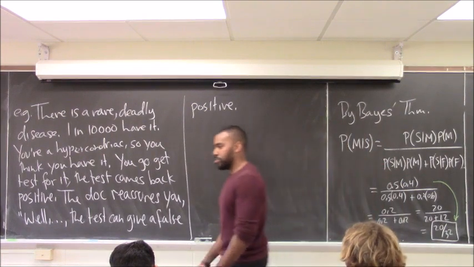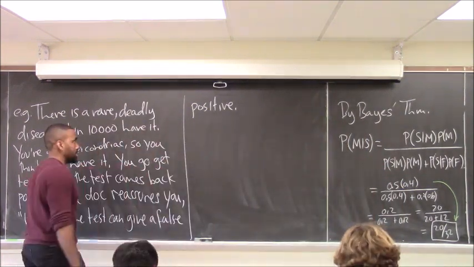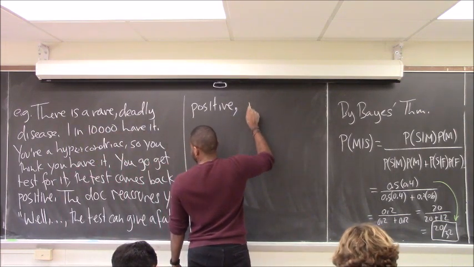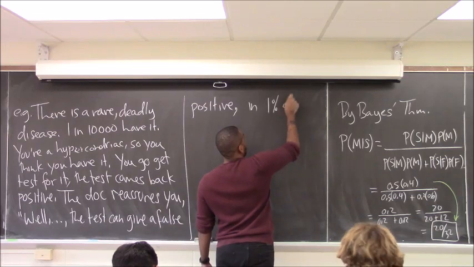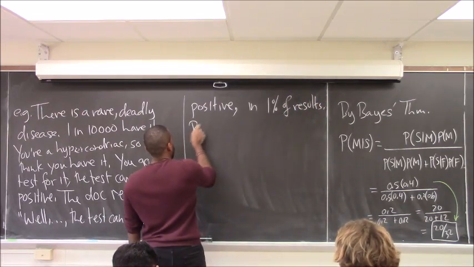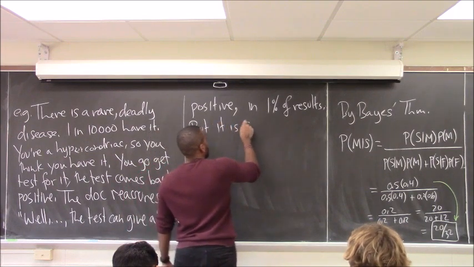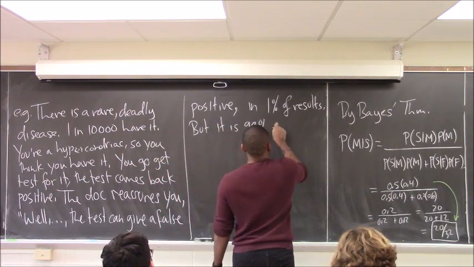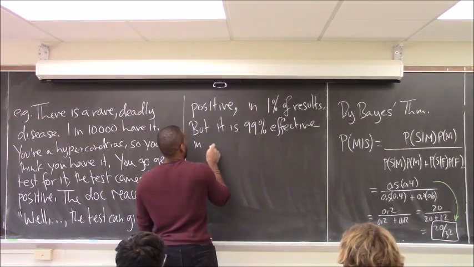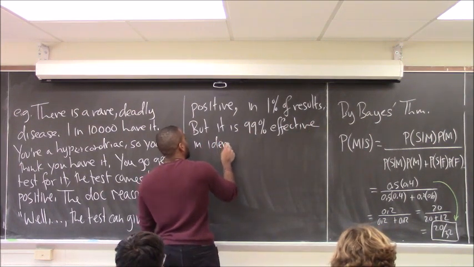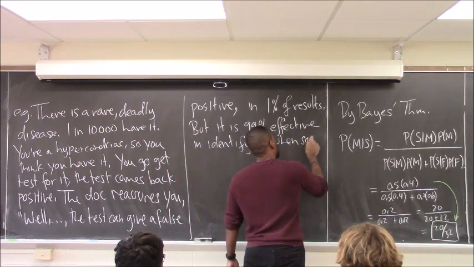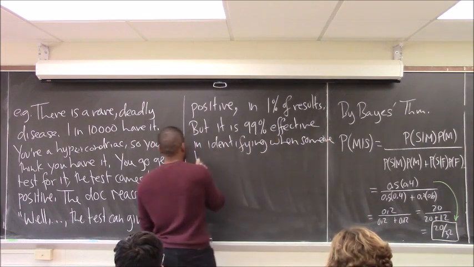Okay, so now you're kind of breathing easier, and she then drops the numbers to you: the test gives a false positive in 1% of results. But it is 99% effective in identifying when someone has the disease.